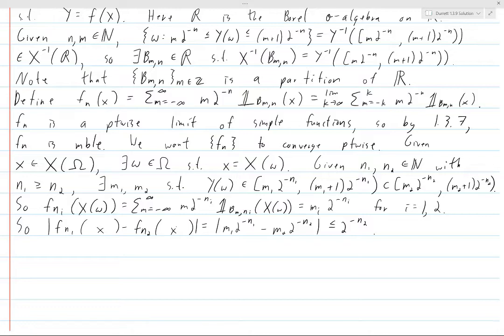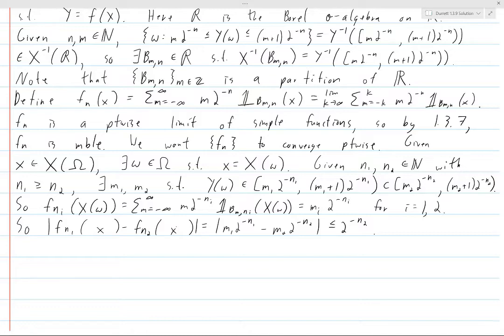Then, as long as n1 and n2 are bigger than this capital N, you're going to have that the distance between f n1 of x and f n2 of x is going to be less than or equal to 2 to the minus capital N, which is less than epsilon.